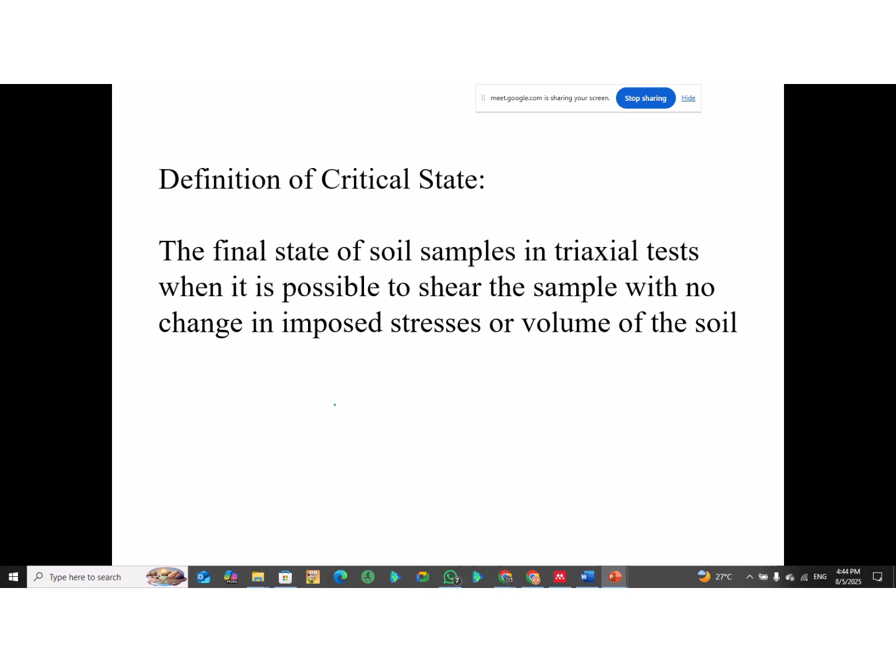So when you can shear the soil in a triaxial condition, when it is possible to shear the sample with no change in stresses or in volume of the soil. Remember, shearing is usually associated with volumetric change, isn't it? So that is the definition of the critical state.